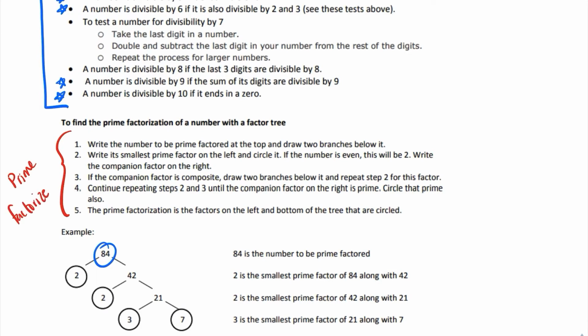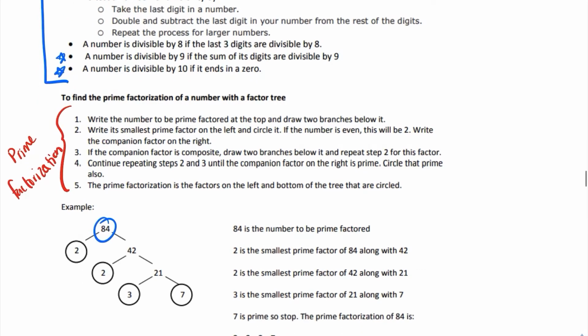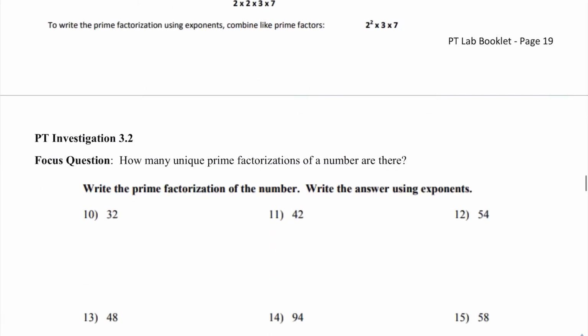You guys can write that down if you want. This is how to prime factorize something. I'm going to be going back and forth because this is just a lot of words, and it's kind of hard to understand at first. But once you do it and see what's happening, it's a little easier.